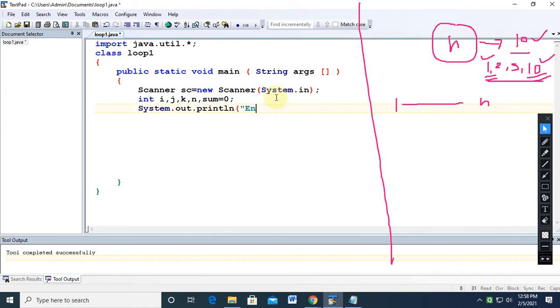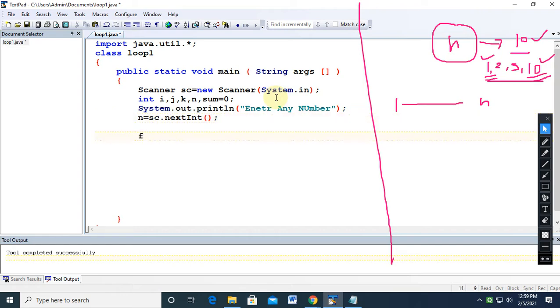That is common working. Any number, doesn't matter which, maybe 10, maybe 20, maybe 100. Everyone, please pay attention. The factors cannot go beyond the number. The first factor is 1, and the last is the number itself. So first we take the input of the number, so we have entered a number n.